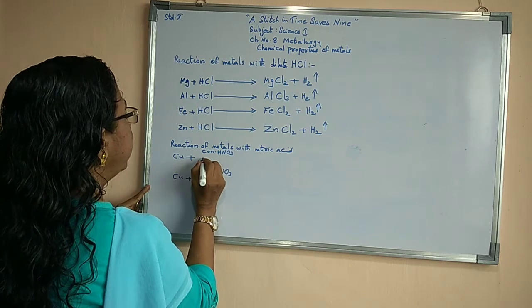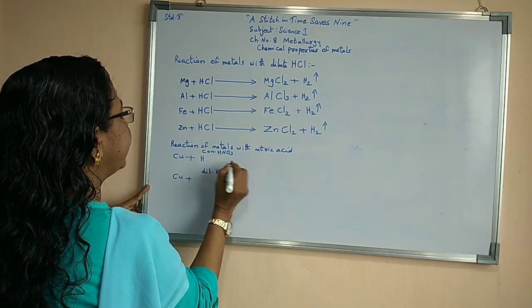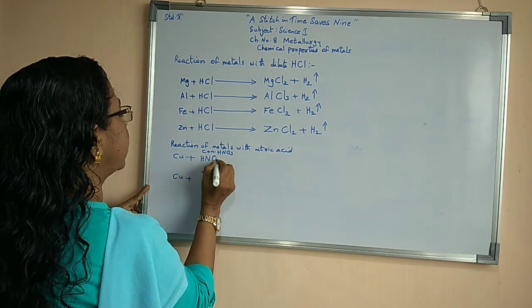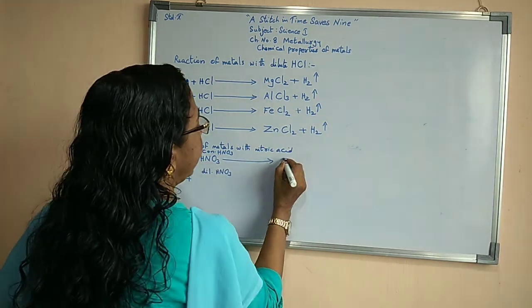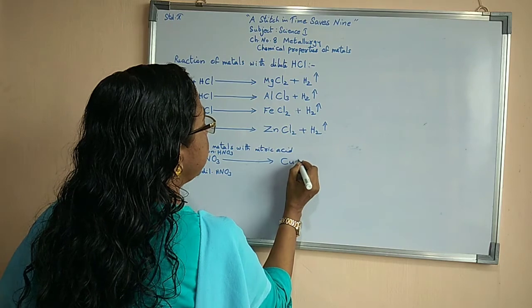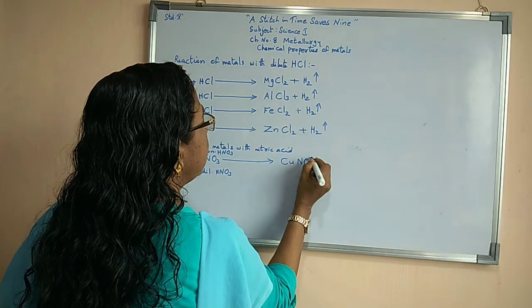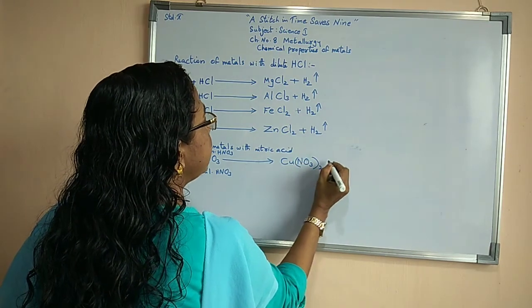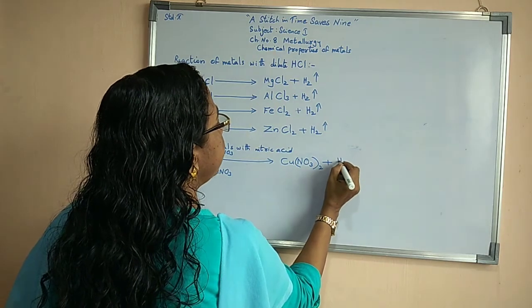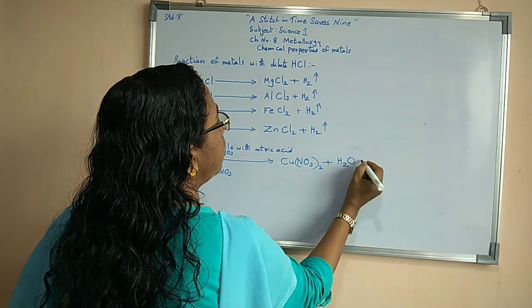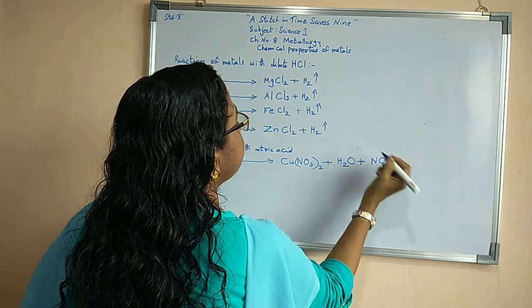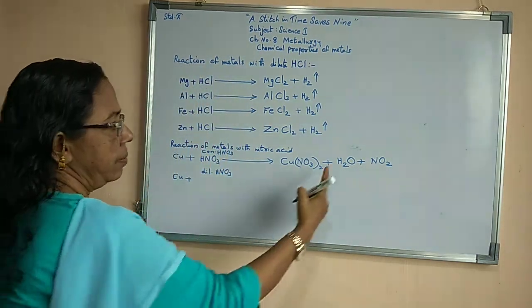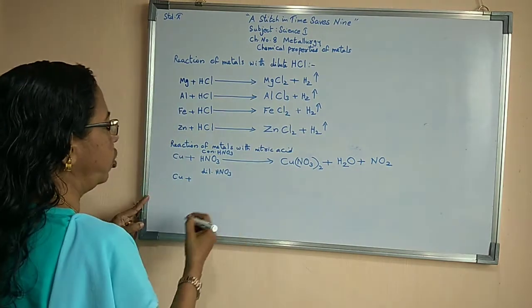So here in the reaction I am writing directly HNO3. As a result of it, copper nitrate, Cu(NO3)2, along with that water will form, plus nitrogen dioxide gas also will form. But here hydrogen gas formation won't be there.